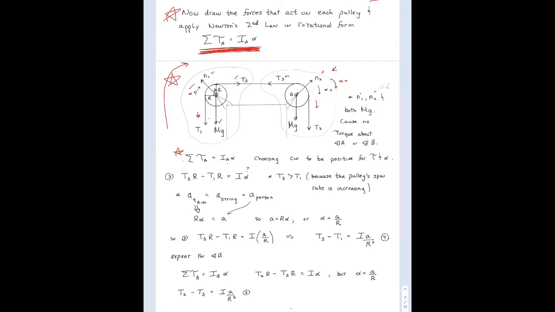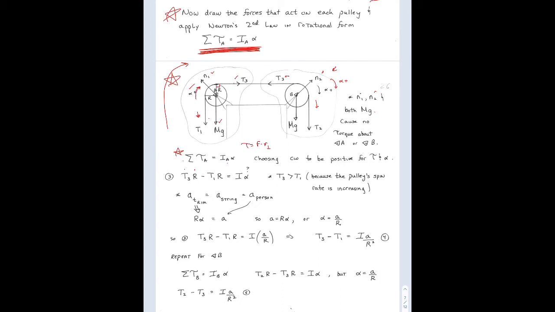Looking at this pulley, torque is force times moment arm, and my positive direction is clockwise. So what exerts a positive clockwise torque? That'd be T3. The moment arm is the radius, because the string always comes off the pulley tangential to the radius.